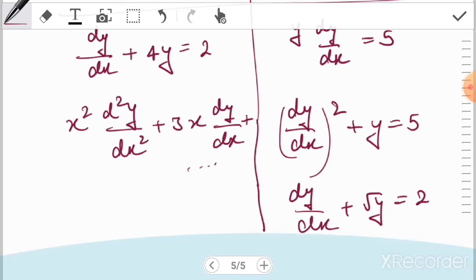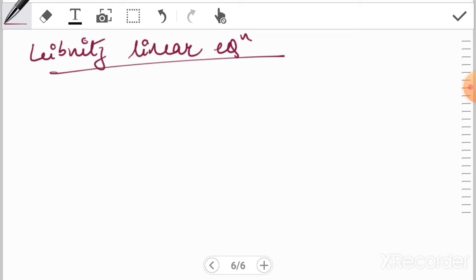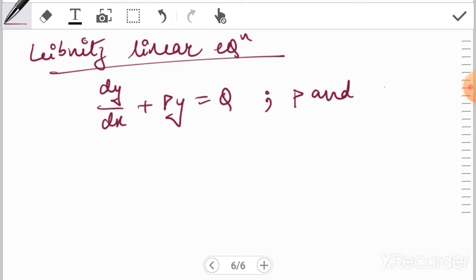So now let us learn how to solve such kind of equation. Leibnitz linear equation. The standard form of linear equation of the first order is dy by dx plus py is equal to q, where p and q are functions of x.